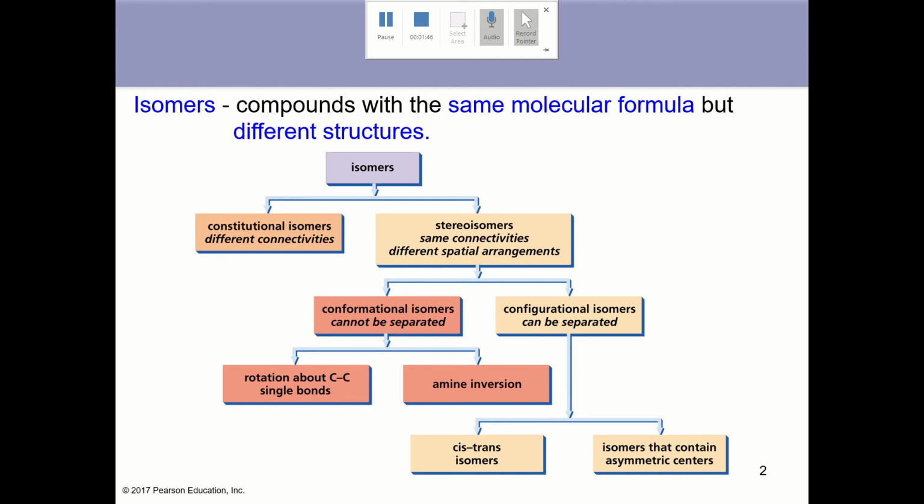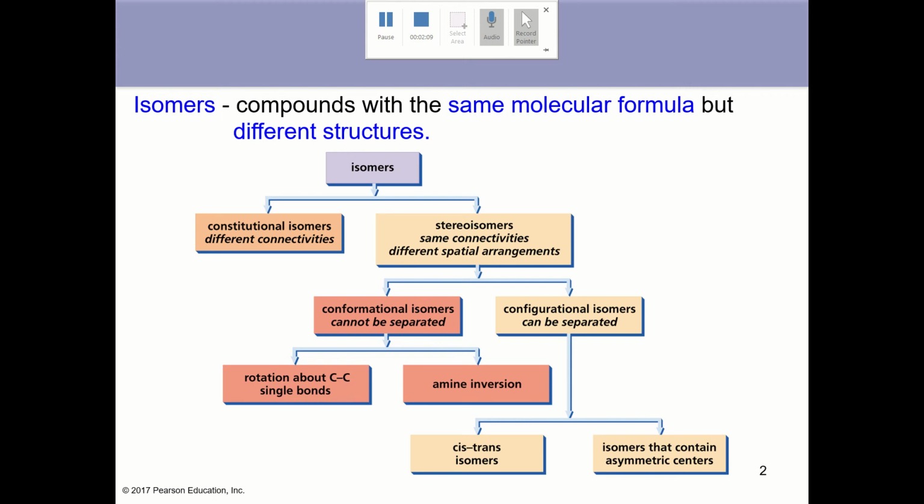And configurational isomers can be separated chemically, while conformational isomers that are the result mainly of rotation about carbon-carbon single bonds cannot be separated chemically because rotation about a carbon-carbon single bond does not result in a different molecule.